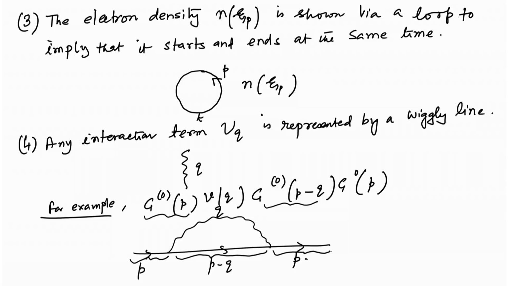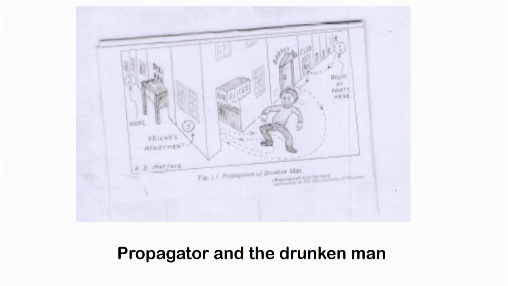So, the total expression for the interacting Green's function at the first order is written as a G 0, and then there is a wiggly line, and then there is the propagator from p, some time t to t 1, or t 2 or t prime, which we have not put here. So, maybe t 1 and then maybe t 2 and then maybe t and so on. So, these are the way to write down each one of those terms that we have got.